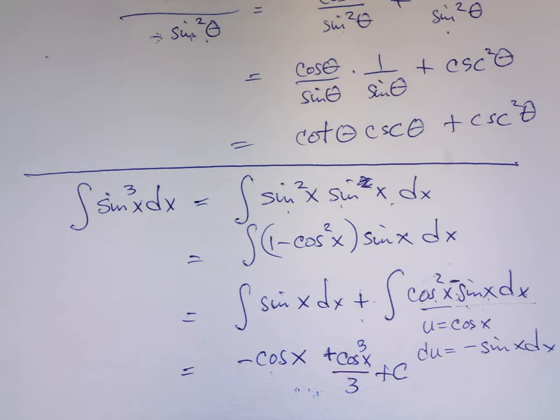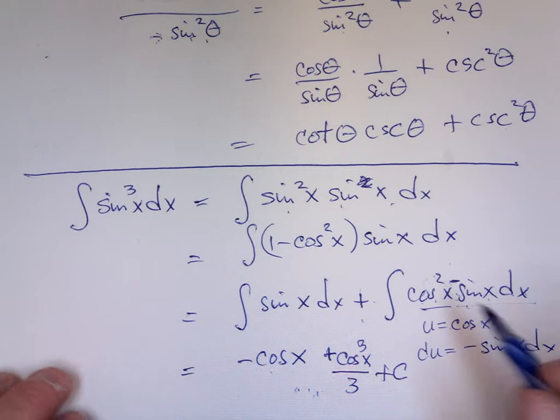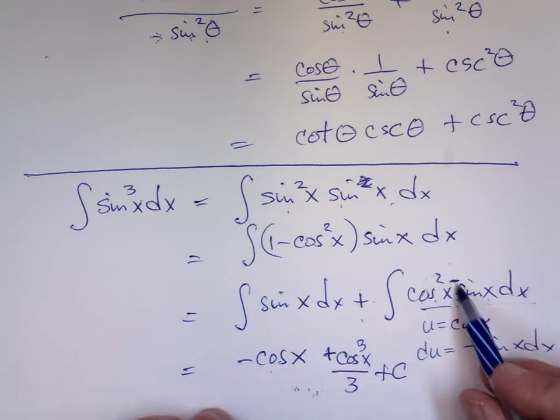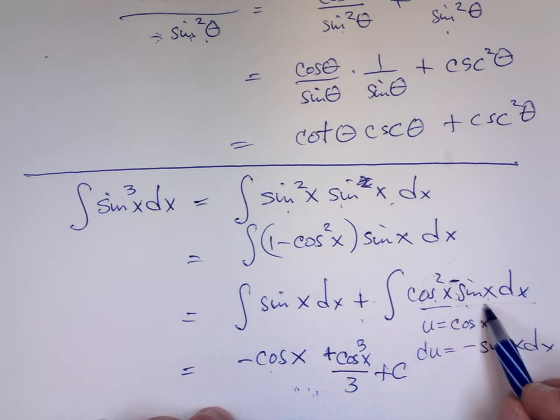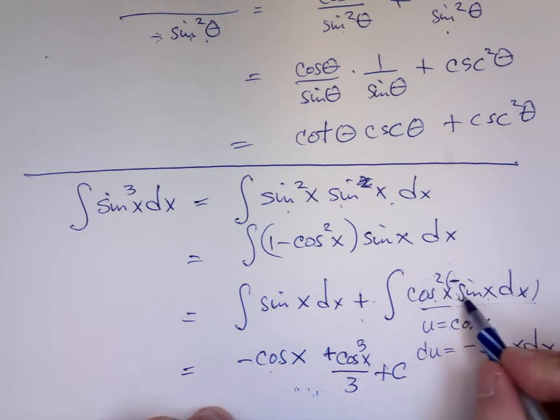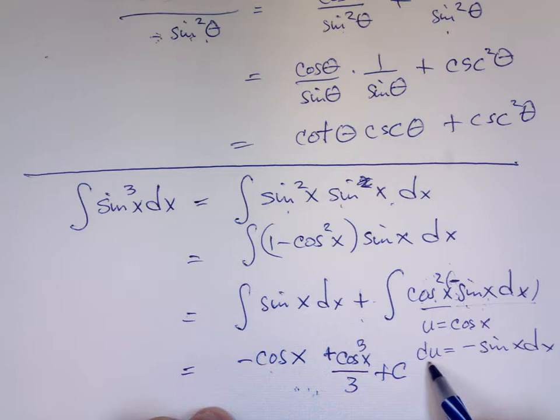Okay. Any others? Anything else at all? I still don't get what happened to the negative sine x. I get the integral you got for cosine, but this negative sine x, I just don't get what happens to it. What happens to this is that negative sine x dx is du.